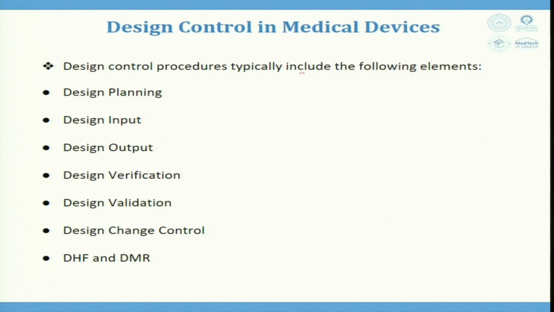Design control procedures typically include the following elements. Design planning. Design planning means we try to define scope, then we try to make a design plan, identify the stakeholders and so on. Design input, that is we try to gather and document device requirements.